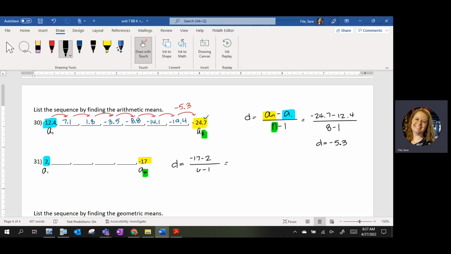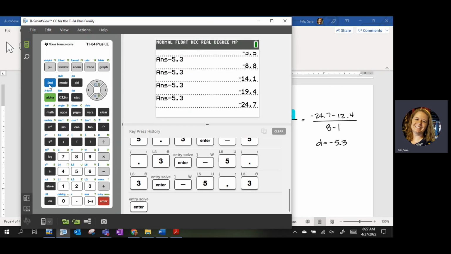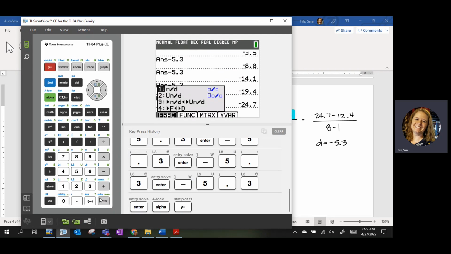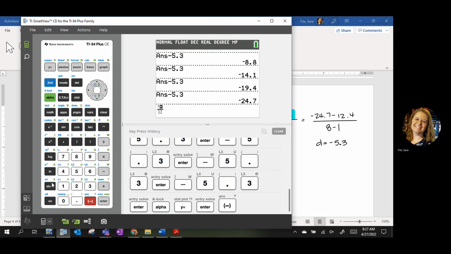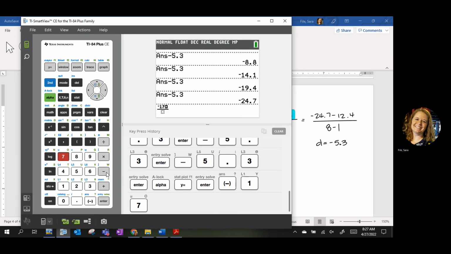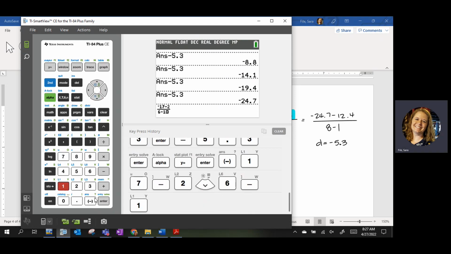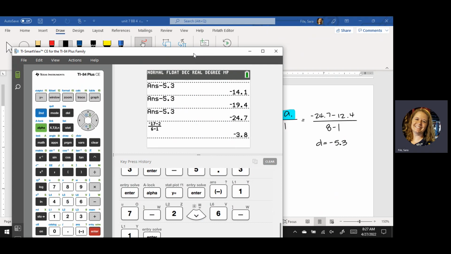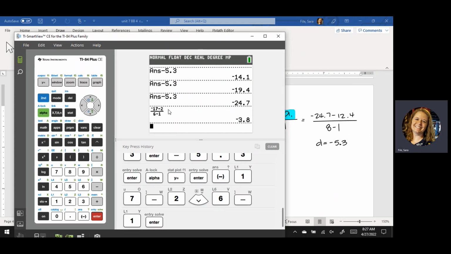So again, you can do this in your head, you can do this in your calculator. So negative 17, I'm going to do the alpha y equals to get the fraction again. Minus 2 over 6 minus 1. So negative 3.8 this time. In the graphing calculator, to get it as a fraction like that, you do alpha y equals, enter.